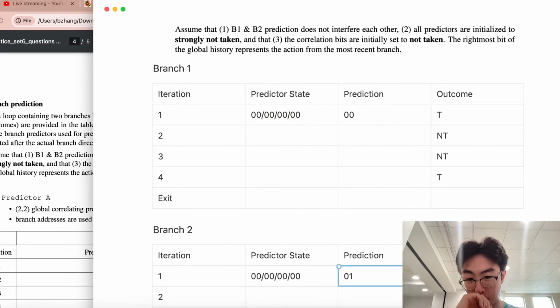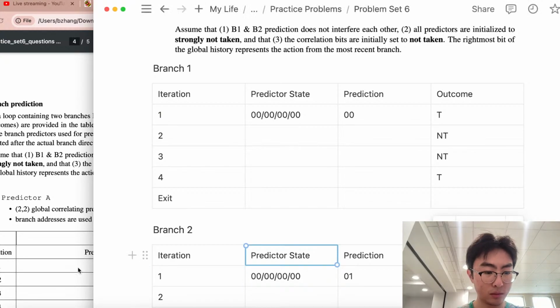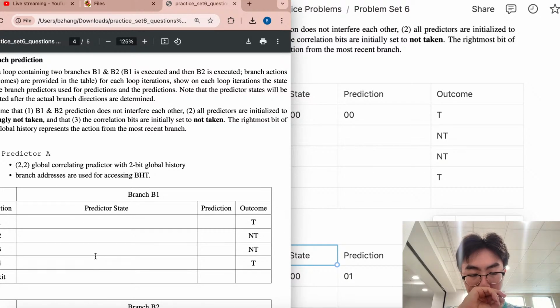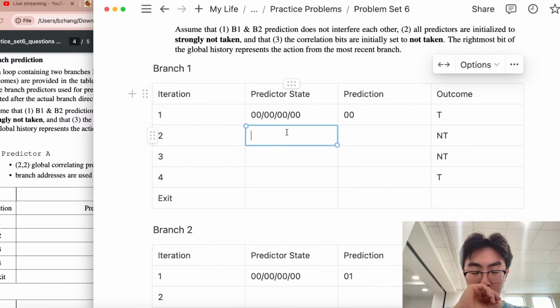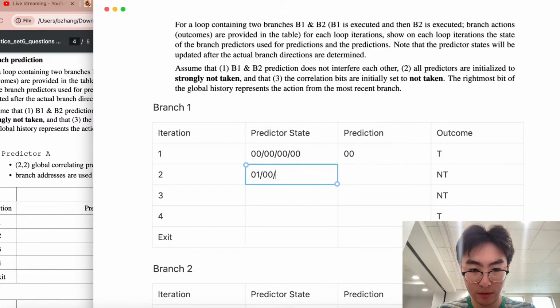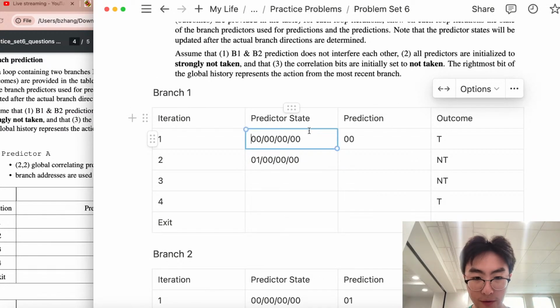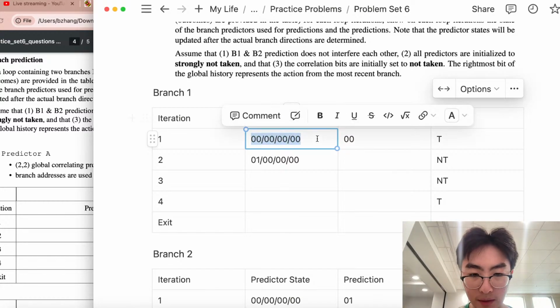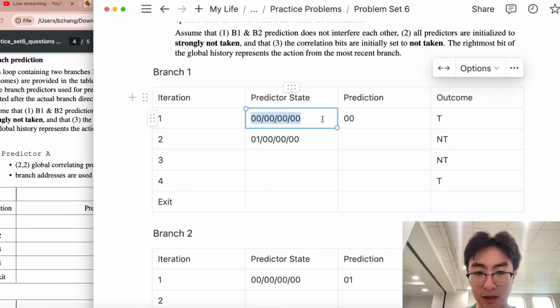Say, so this is 0, 1 now. Okay, so prediction state 0, 0, so this would be 0, 1. Right. So there's two things going on here. In the first iteration, we've set our two predictor states for each branch to be not taken.